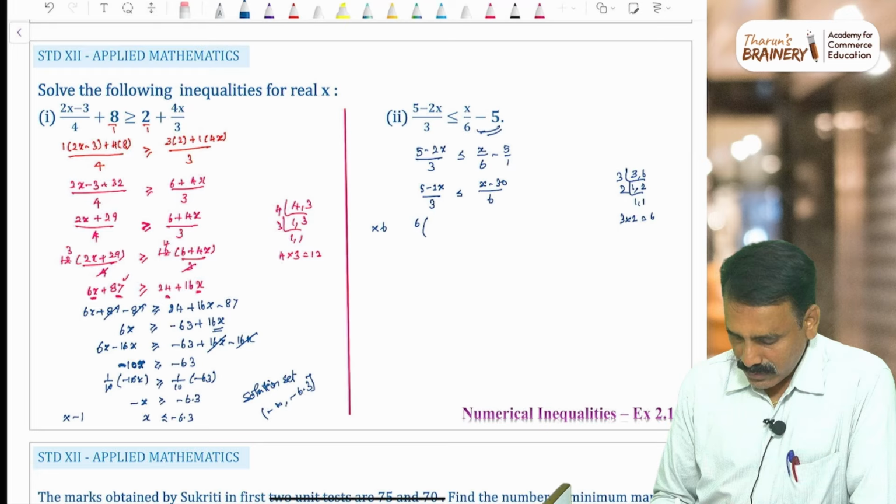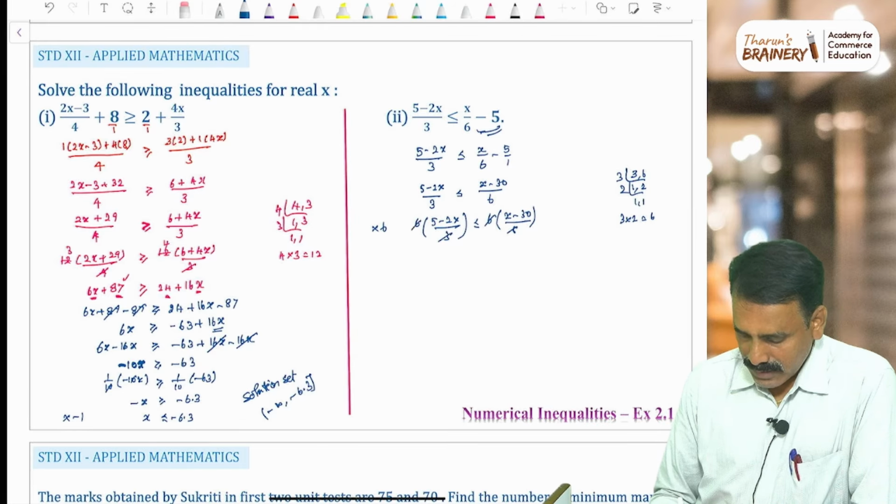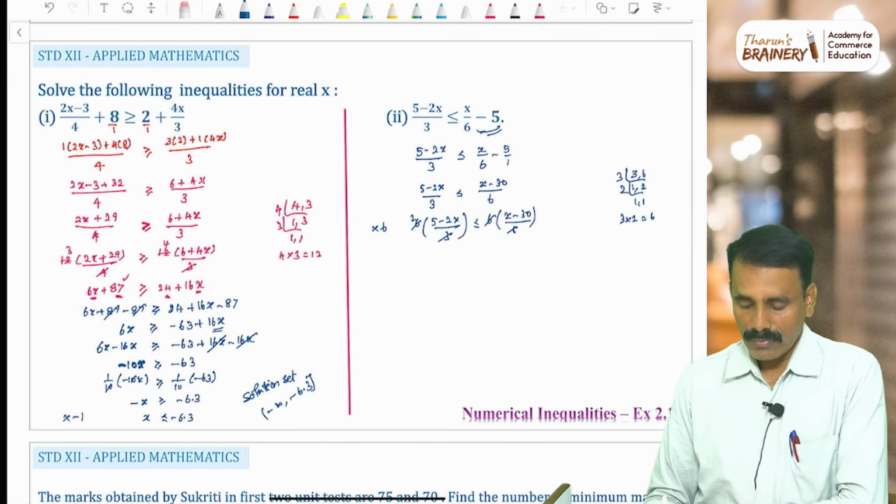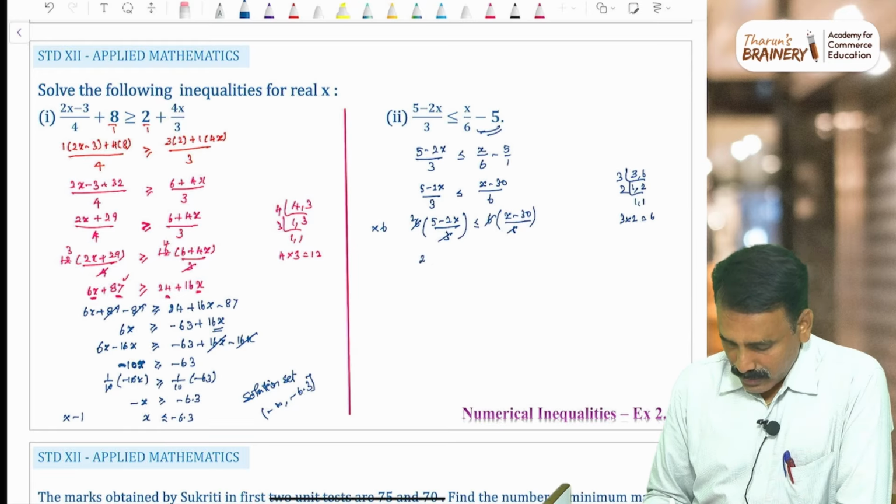So 6 into 5 minus 2x by 3 less than or equal to 6 into x minus 30 by 6. 6, 6 cancel, 3 2s are 6. So we get 2 into 5 minus 2x less than or equal to x minus 30.